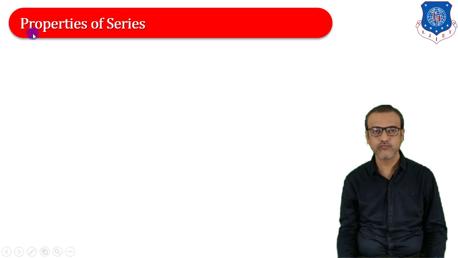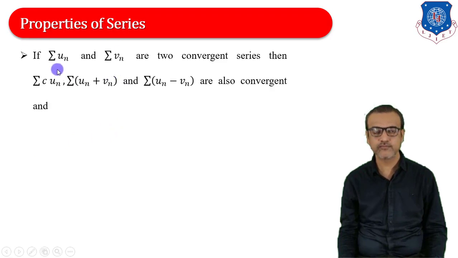Now we will see properties of series. If sigma un and sigma vn are two convergent series, then sigma c un, when you multiply un by c, sigma un plus vn, the addition of two series, and sigma un minus vn, the subtraction of two series, are also convergent.